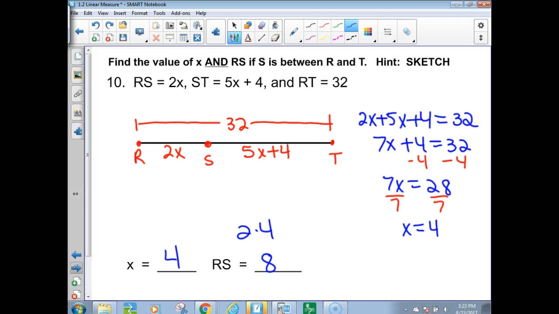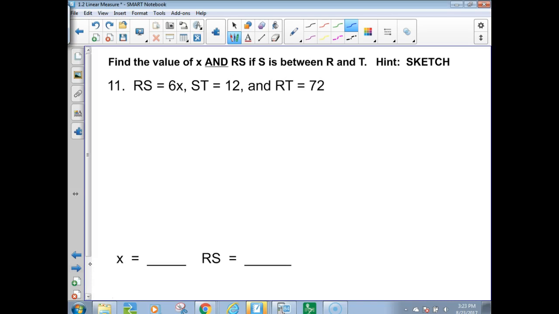Okay, try number 11, please. Just walk around a minute.